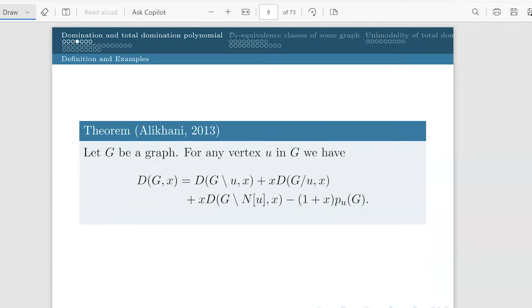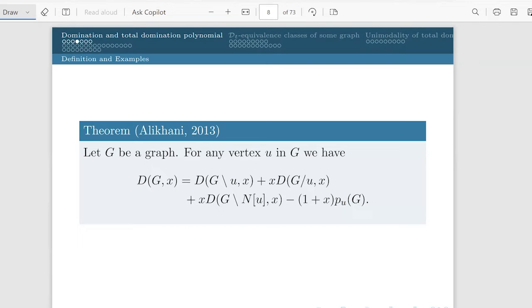I have a graph and a vertex u, then with this recursive formula, you can obtain the domination polynomial of G. You see here this polynomial depends on G minus u, and all of you know removing a vertex, and G/u that I introduced before, and G minus the closed neighborhood of u, and here we have that polynomial P sub u that I introduced before.